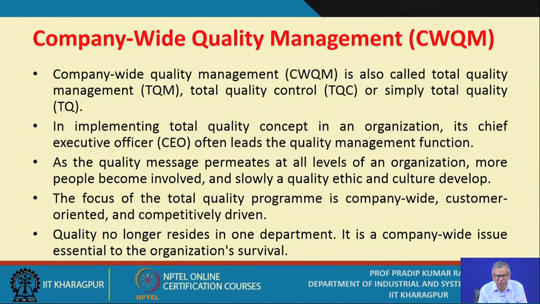For implementing the total quality concept in an organization, its chief executive officer often leads the quality management function. This is important. As the quality message permeates all levels of the hierarchy, more people become involved and slowly a quality ethic and culture develops. So it's a slow but definite process.